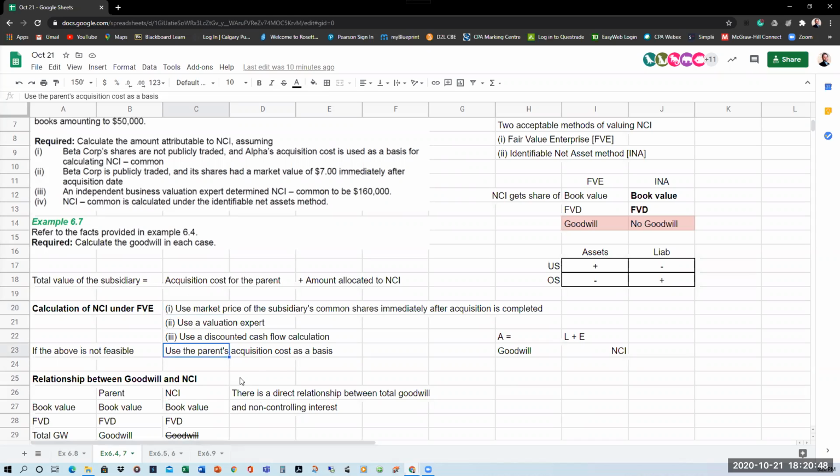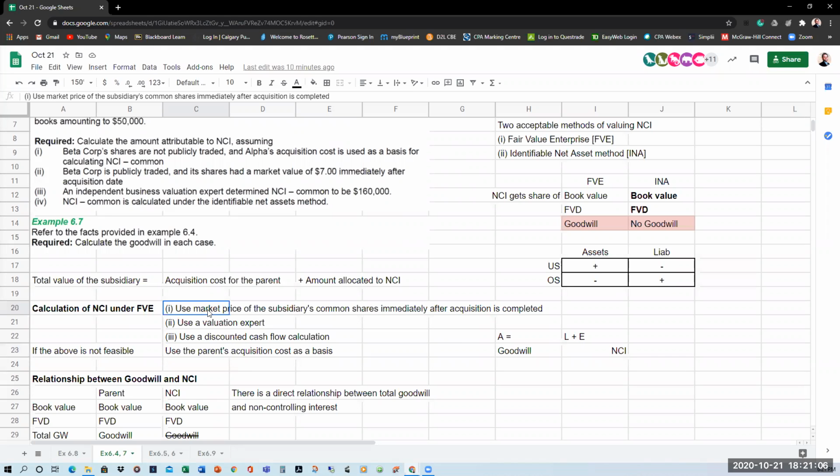So we will be using the parent's acquisition cost as a basis when we get into the long, complicated consolidation problems. We are going to stick to this last approach, which is the easiest of the lot.